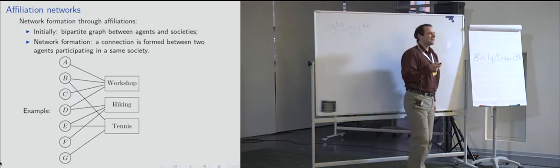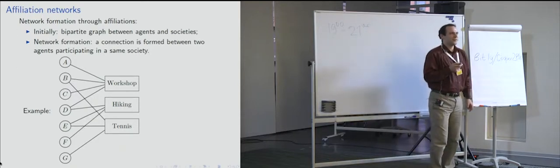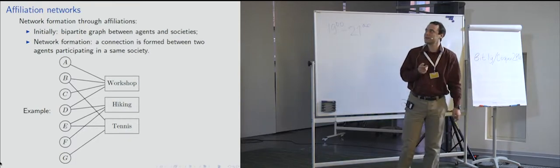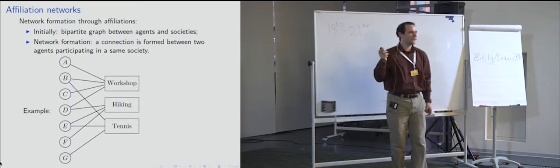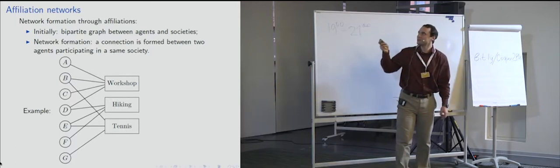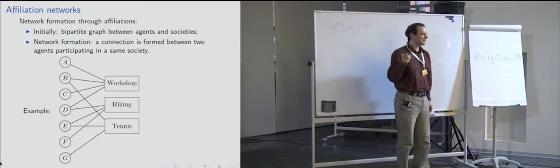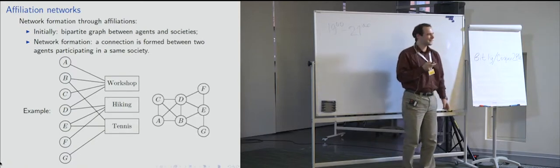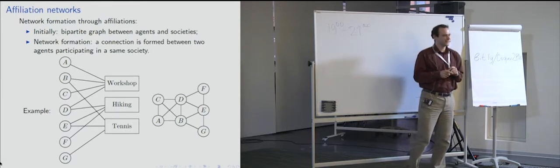And after that, we construct a graph between agents, where an edge exists if two agents participate in one activity. So in this case, the graph is the following.